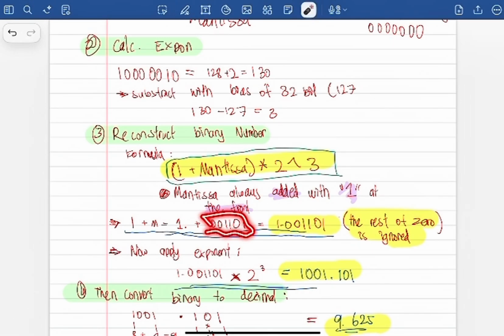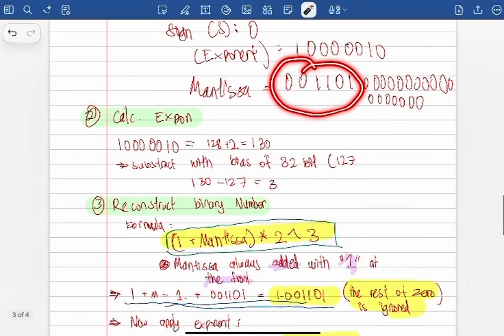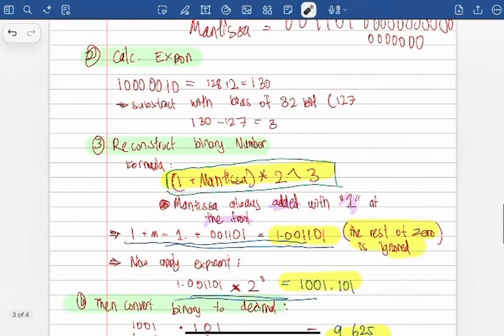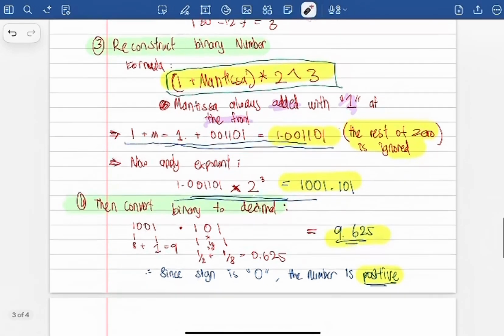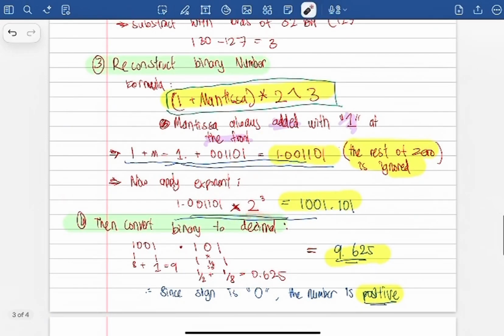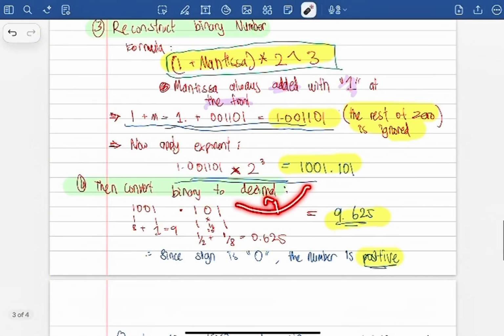So this is the mantissa that we are going to need, and we convert it. We got this number. Then we apply the exponent, which is 2 to the power of 3, which gives 1001.101. Then we convert it from binary to decimal. So 1 is equal to 8, and this one is equal to 1.